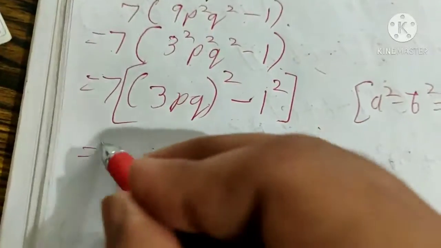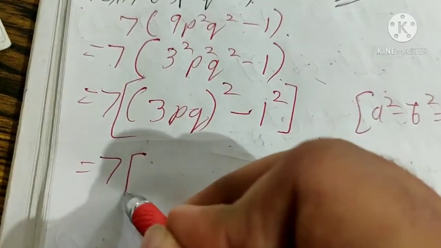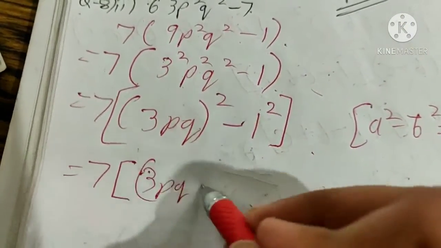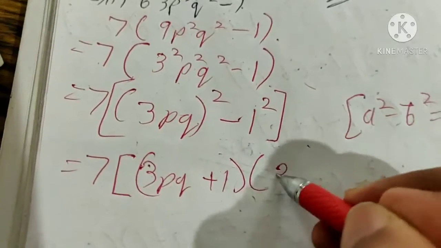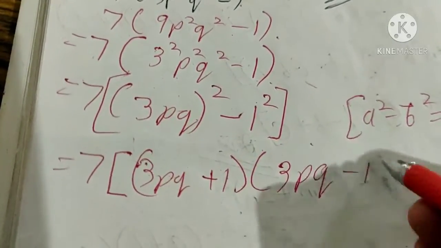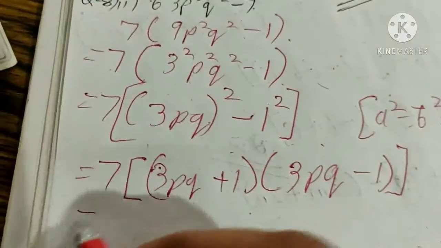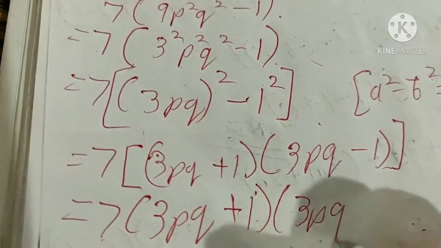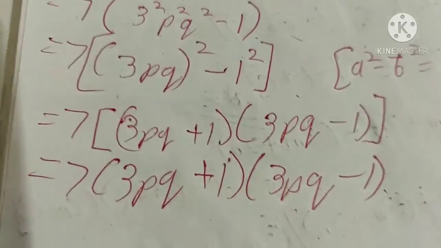So it can be written as 7(3pq+1)(3pq−1).